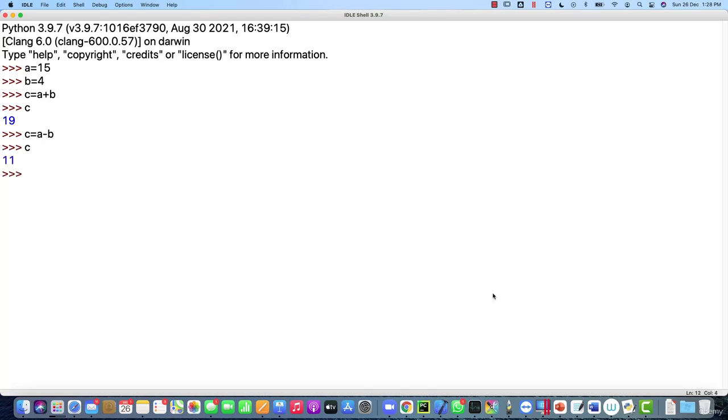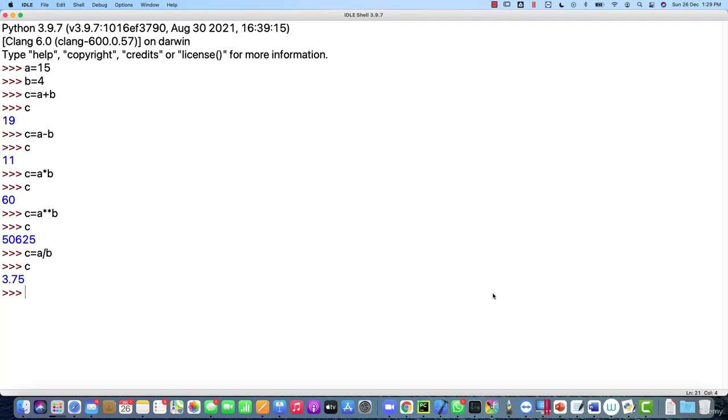The value of c is 11. c assign a multiplied by b. So the answer is 60. Now if I take a power b, then the answer is 50,625. Then if I take c assign a divided by b, then the c value is 3.75.